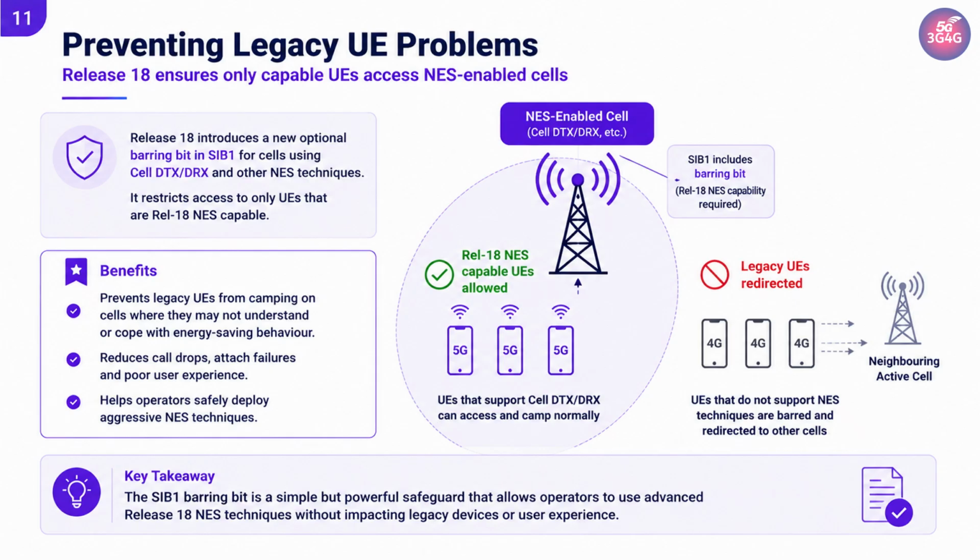Legacy UEs can be redirected or barred from camping on the NES enabled cell. This is a simple but important safeguard. It helps operators deploy more advanced energy saving techniques without accidentally creating problems for devices that do not support them.